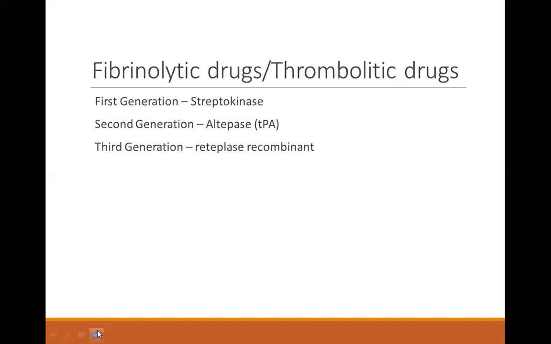If the thrombus is already produced, if it is confirmed, the person has to get treatment with a fibrinolytic, called a thrombolytic medication. Examples are first generation streptokinase, second generation alteplase, and finally reteplase, a recombinant one produced from recombinant DNA technology.